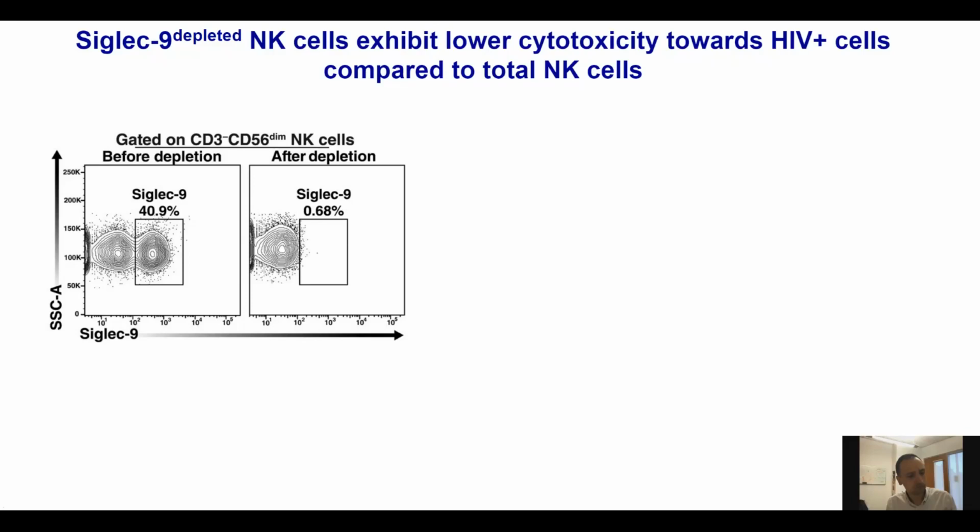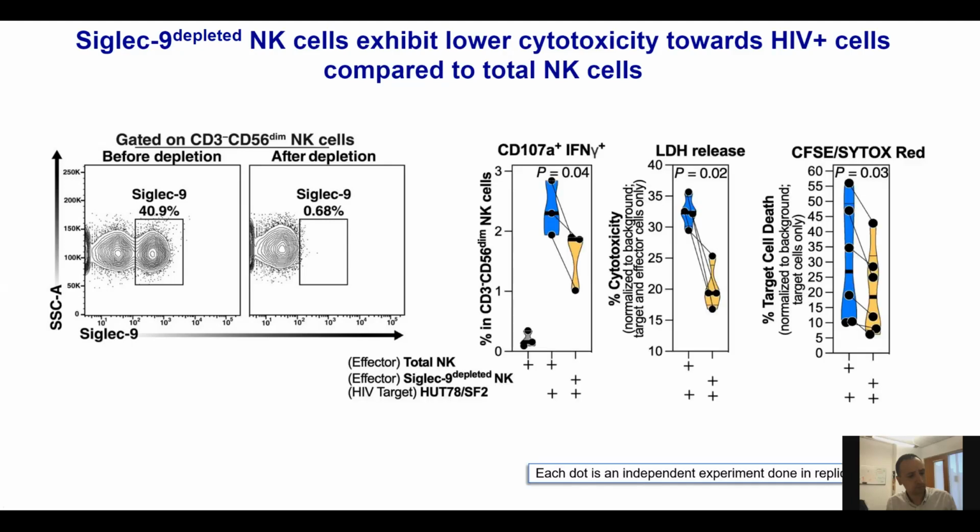We can nicely deplete this Siglec 9 positive subpopulation, and then we use the whole NK cells that contain the Siglec 9 subpopulation and the Siglec 9 depleted NK cells in killing assays against HIV-infected cell lines, obviously at the same effector to target ratio, with the idea that if Siglec 9 positive NK cells play an important role in killing HIV-infected cells, we should see a reduction in the killing of HIV-infected cells when we use the Siglec 9 depleted NK cells, which is indeed what we see here.